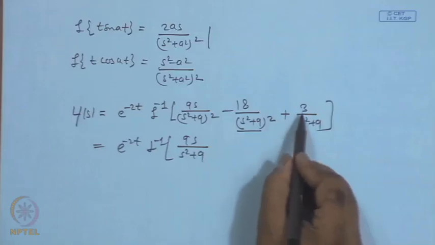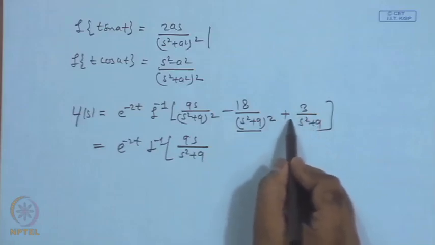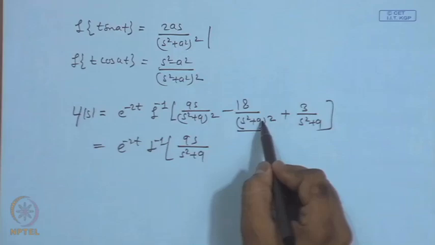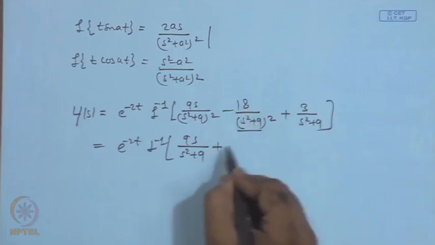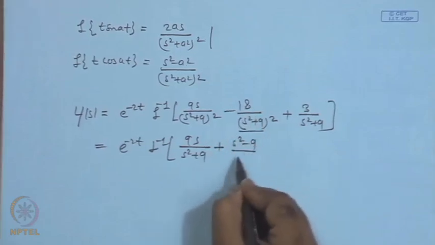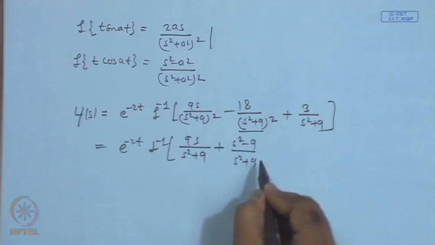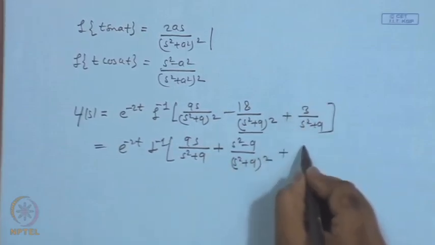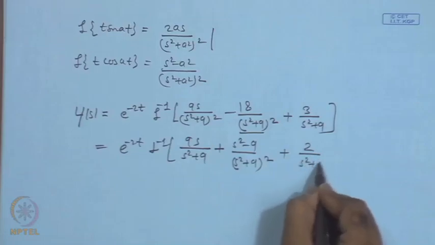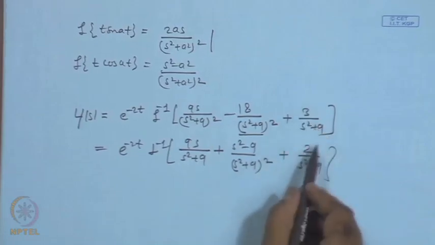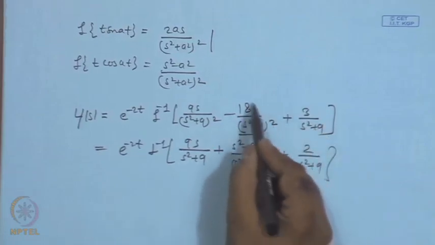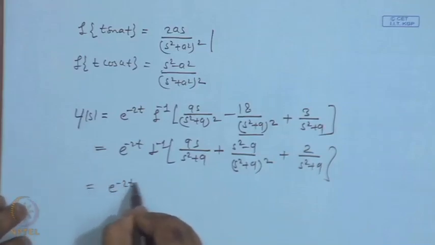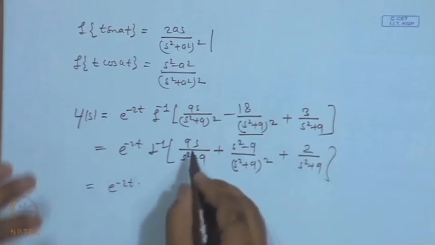Because 1 over s² + 9 will be (s² + 9) over (s² + 9)², we will get simply s² − 9 over (s² + 9)², plus 2 over s² + 9, because 1 over s² + 9 we have combined with this term. So, what we get is e^(−2t), and the L inverse of this is easy now.